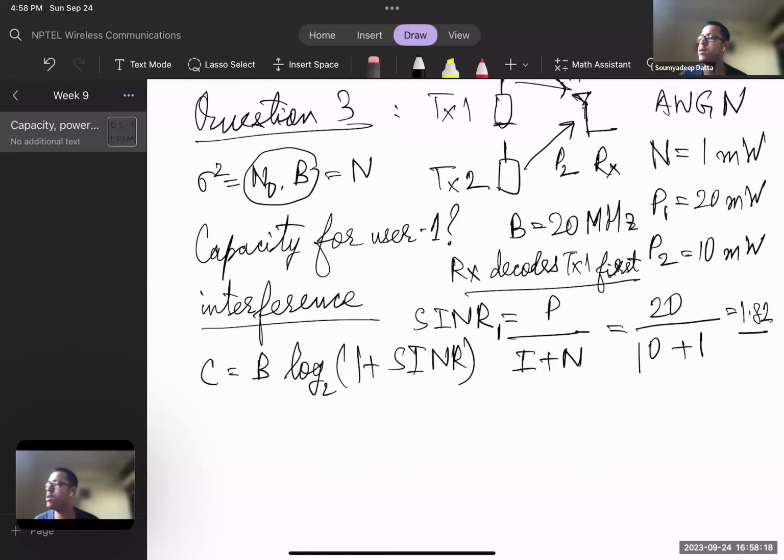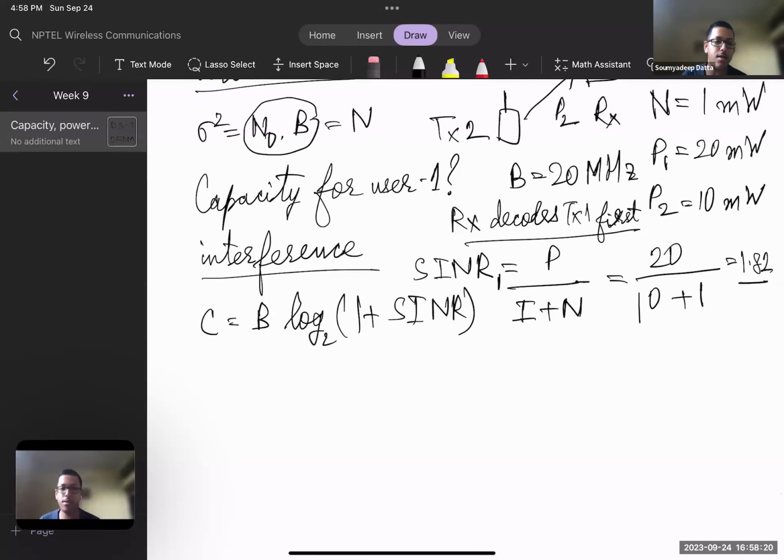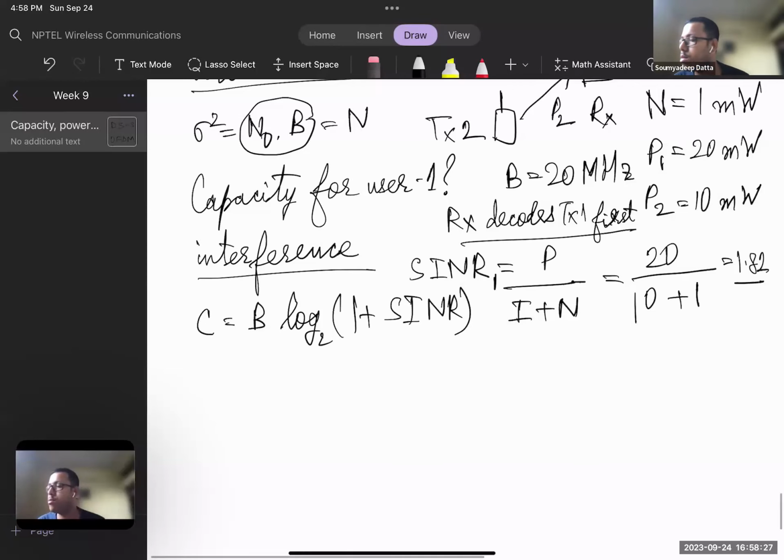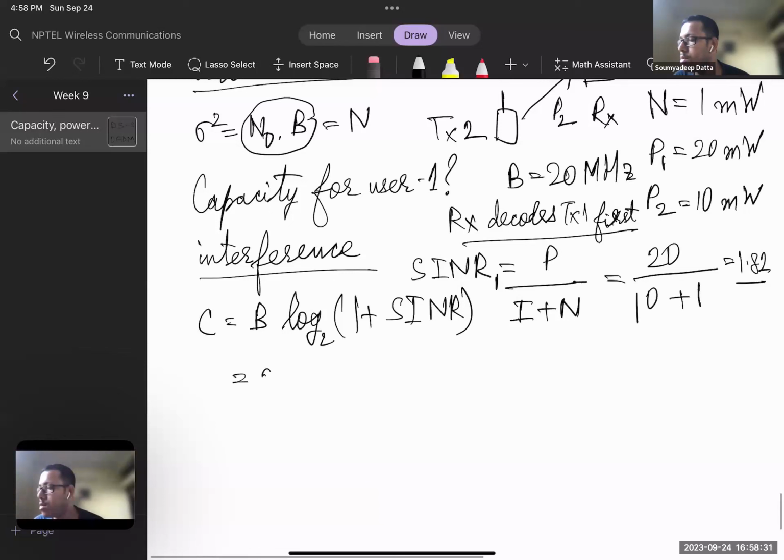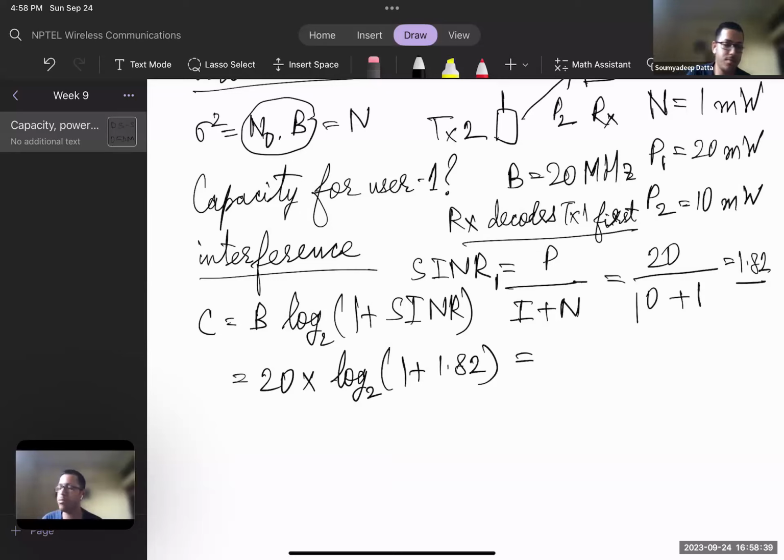So this is the value of SINR in linear scale. Now I just apply the formula: 20 times log 2 of 1 plus 1.82 equals, let me just quickly do the calculation. One second.